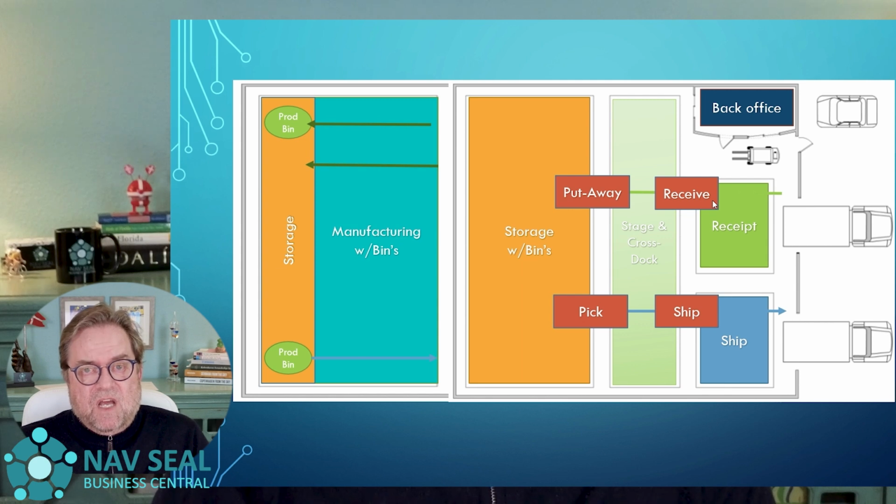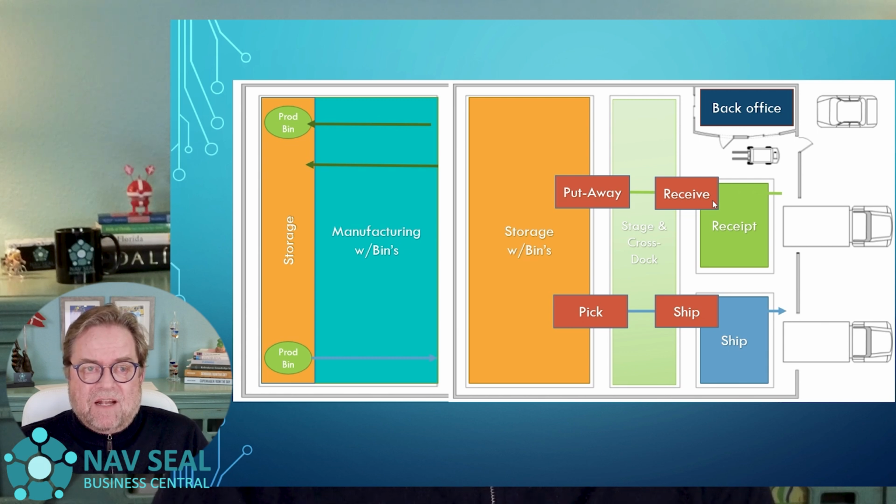Now again, if you have a small, simple warehouse, you could take it directly from there and put it into what we call the storage with the bins. Another possible scenario would be that we receive so many pallets a day that we want to have that separated by our receiving area.